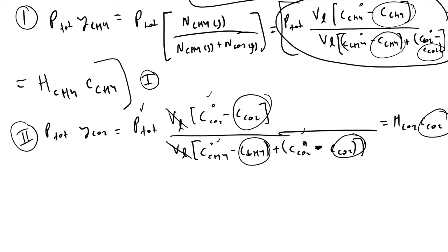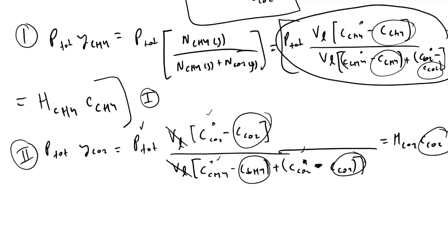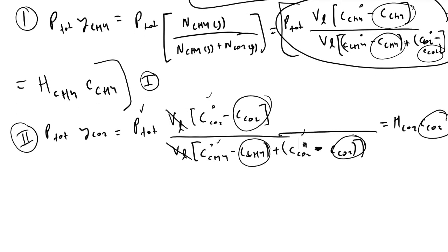And I should probably get to how we're going to get the actual recovery. So now that you know what C_CH4 and C_CO2 are, recovery is simply defined to be the number of moles of methane that exist in the gas phase divided by the number of moles of methane that existed in our control volume, which I shall call N_CH4 naught.